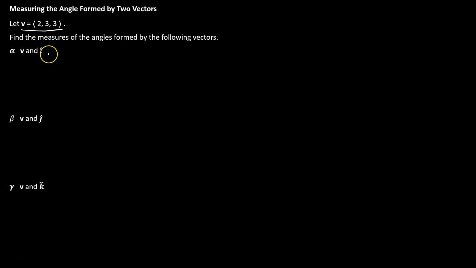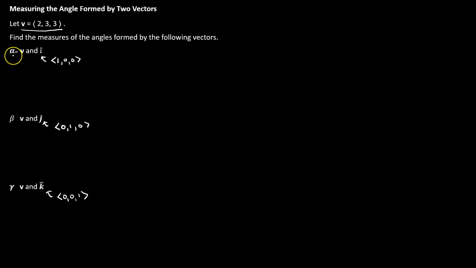Remember, the unit vector i hat is the same thing as the vector 1, 0, 0. j hat is the same thing as 0, 1, 0, and k hat is the same thing as 0, 0, 1. So we're essentially doing that calculation for theta using v and each one of these standard unit vectors. So let's go for it. Starting with alpha, instead of calling them all theta, we're going to name them different Greek letters.